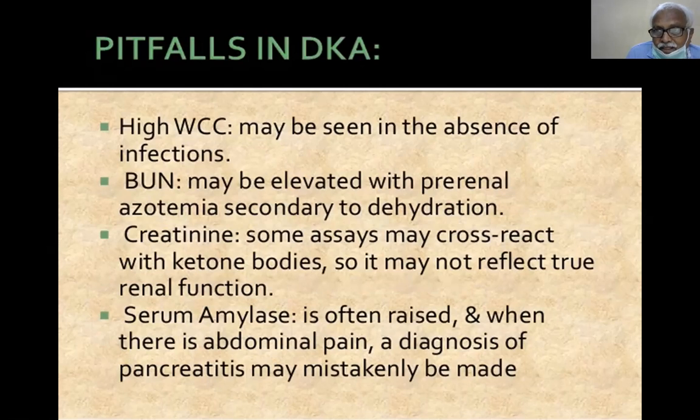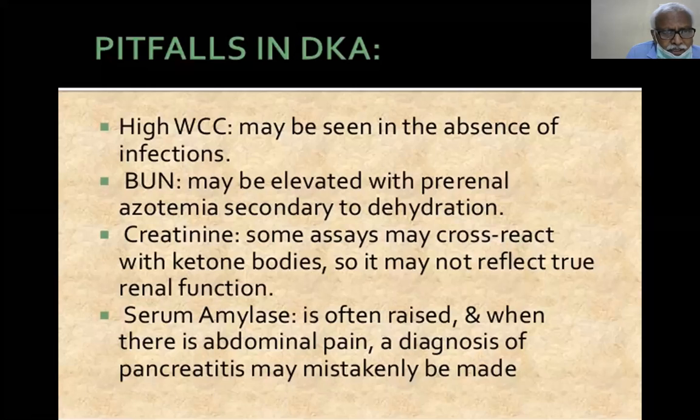So, high white cell count. You know pretty well that a high WBC count is usually present only in infections. In the state of infections, you'll find more than 10,000 WBC in count. But even without any infections, a high WBC count will be seen.